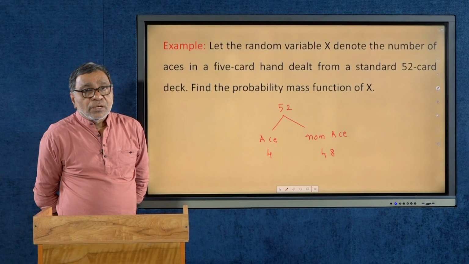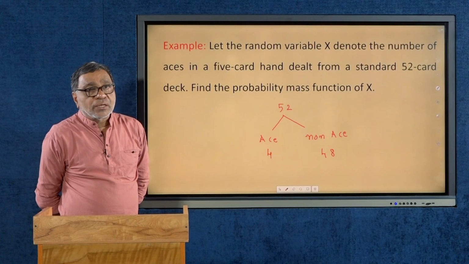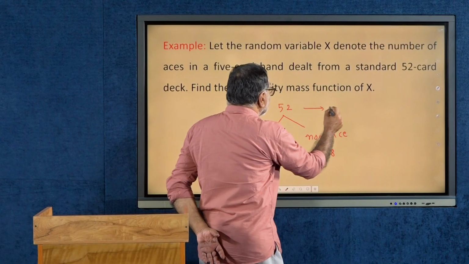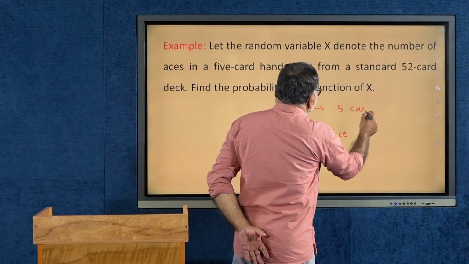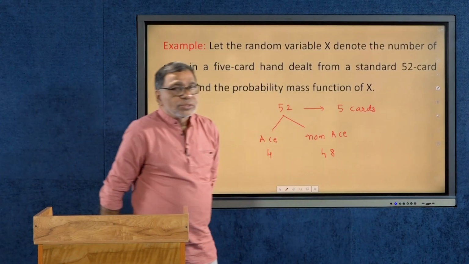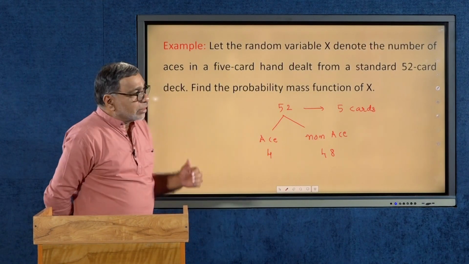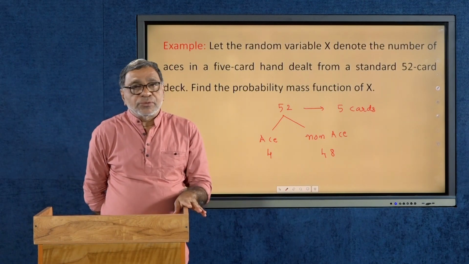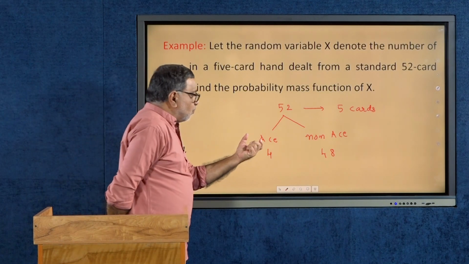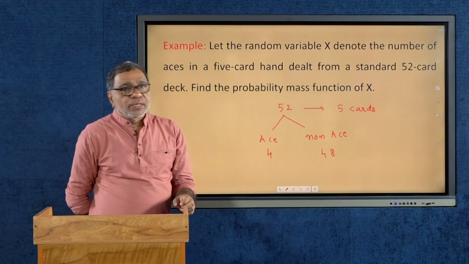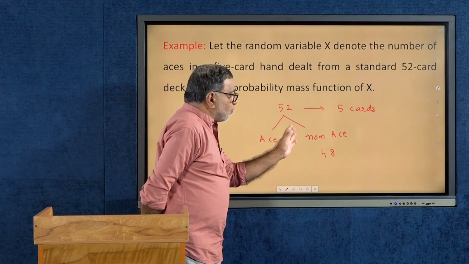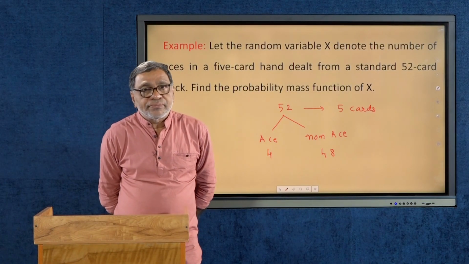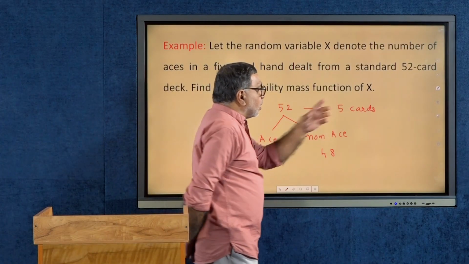X denotes the number of aces in a 5-card hand. So how many cards are we selecting from 52 cards? 5 cards are selected. So this is the problem: we have a pack of playing cards consisting of 52 total cards, of which 4 are of ace type, and the remaining, that is 52 minus 4, which is 48, are non-ace cards, and we are selecting 5 cards.